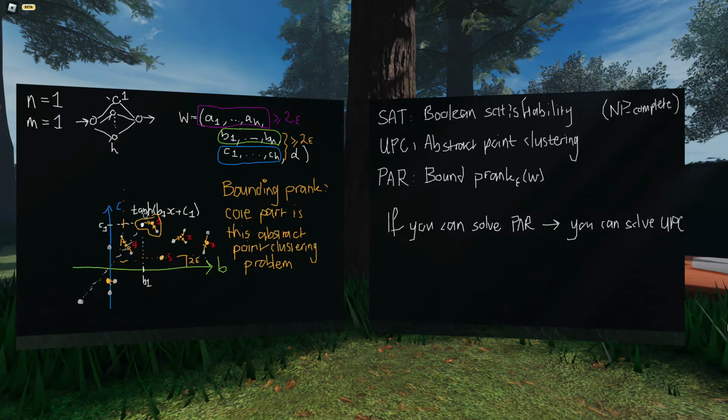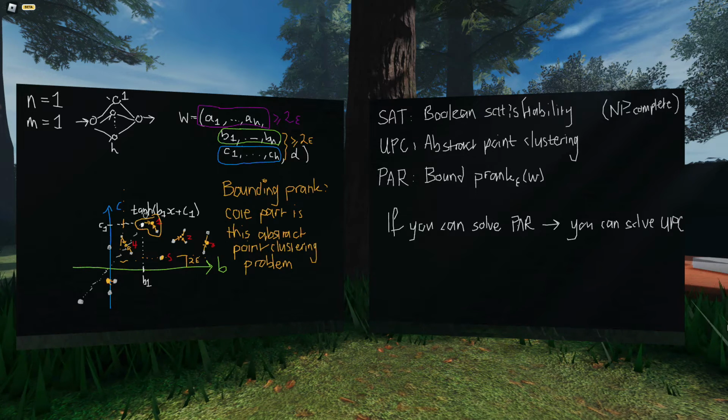I don't know if I've made this clear yet. This is related to what I was talking about on the previous slide. What I've said so far is if you can solve UPC, then you can solve PAR in the positive quadrant. But because you can take any UPC instance and translate it into the positive quadrant, then if you can solve PAR, that includes being able to solve it in the positive quadrant for those parameters.